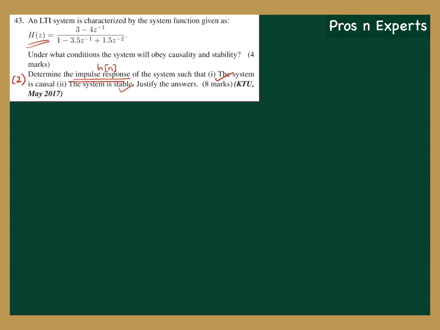From the previous case, we know H of z is equal to 2z divided by z minus 3, plus z by z minus 0.5. Now we have to find out h of n for the system being stable. Okay, first condition, system is stable.